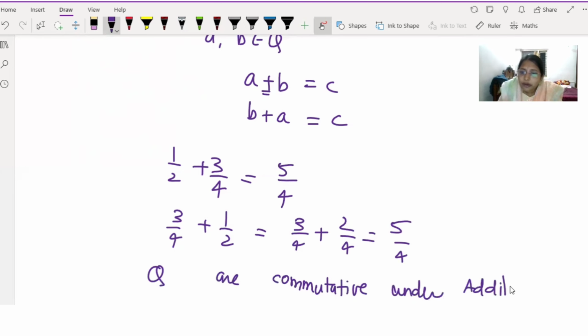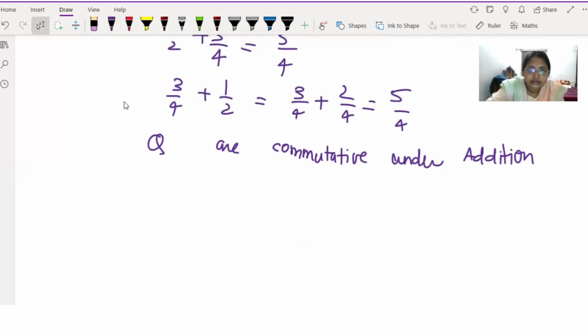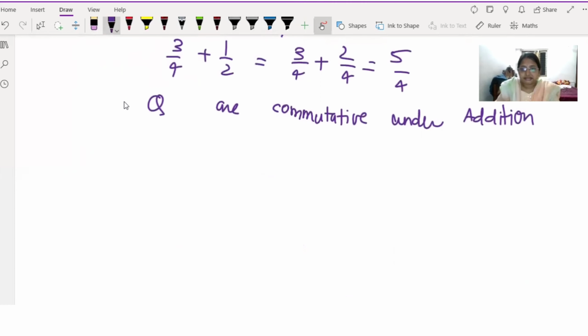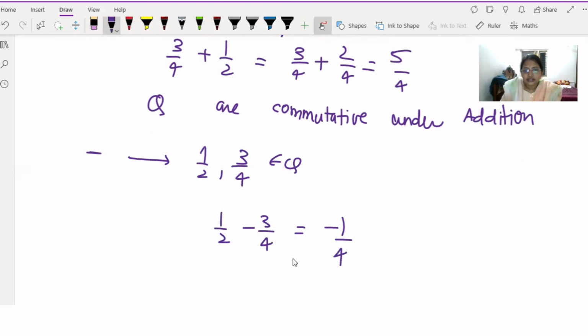Let us check the same property under subtraction. I am taking 1 by 2 and 3 by 4, two rational numbers. I do 1 by 2 minus 3 by 4 and obtain minus 1 by 4, right?